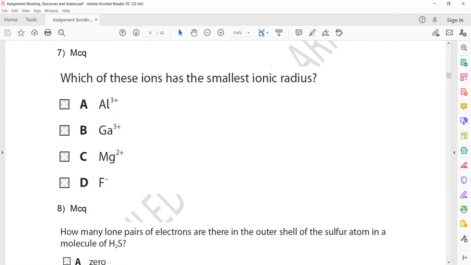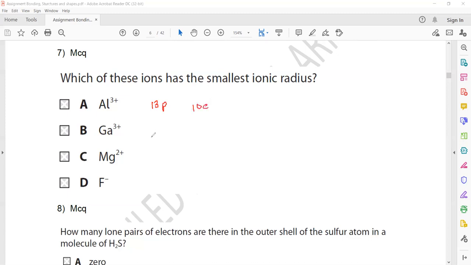Aluminium belongs to group 3, and it is having 13 electrons, and 13 protons, but it lost 3. So 13 protons are attracting 10 electrons.